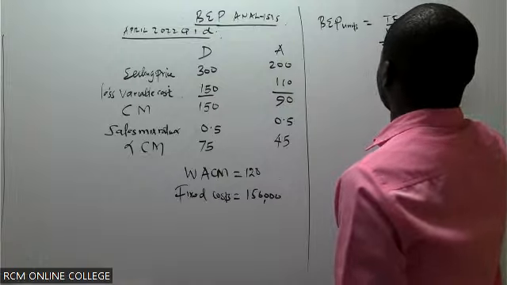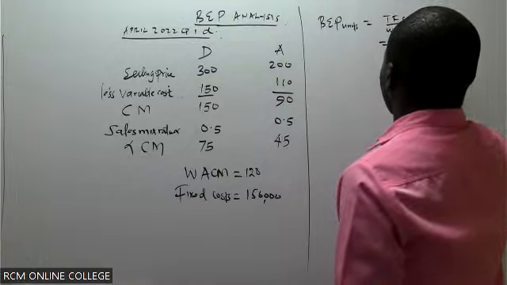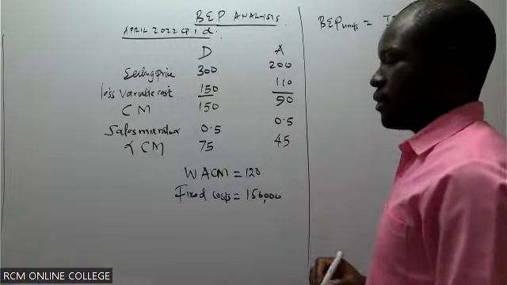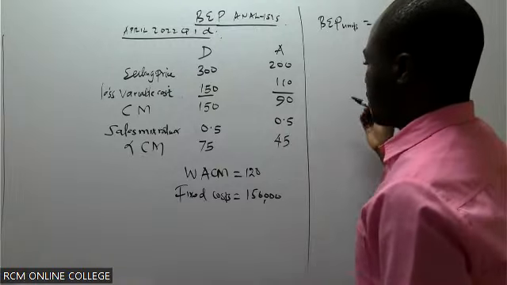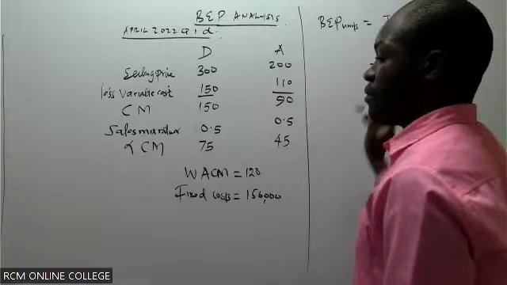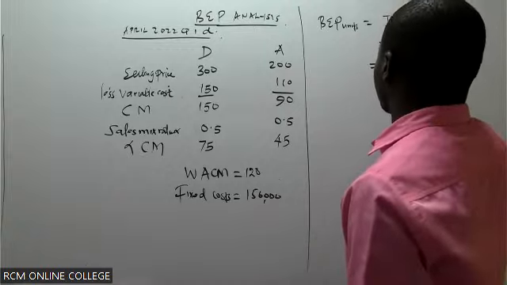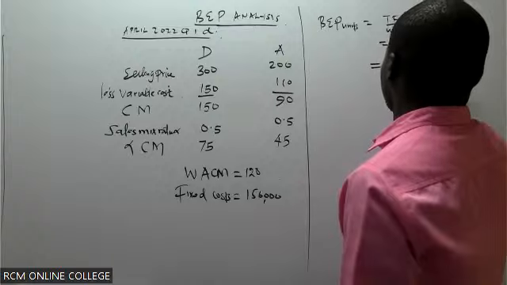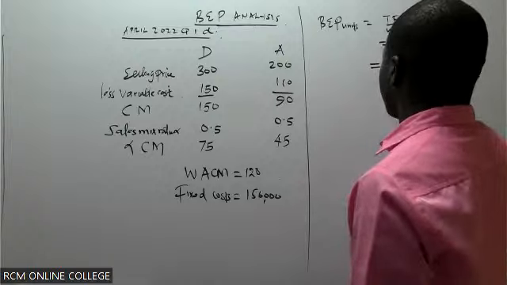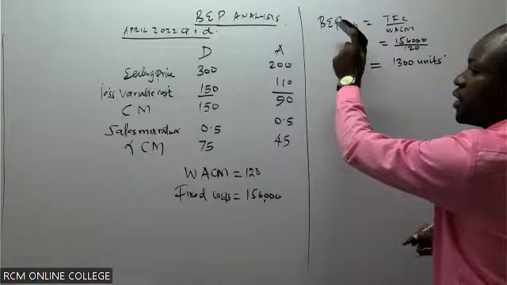That is 156,000. You divide by 120. Is it? If that is done, what are we having here? 1300 units. That is the break-even point in units.